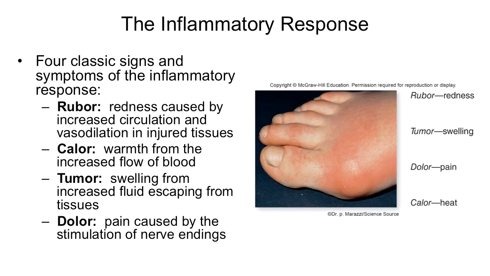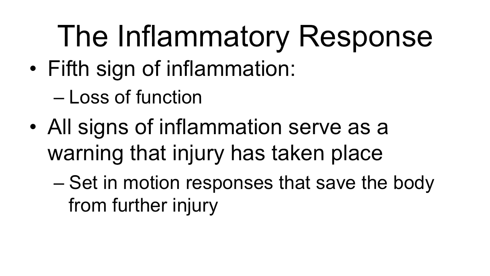And the last one is dolor, which is the pain caused by the stimulation of the nerve endings in the area. So again, rubor is the redness, tumor is the swelling, dolor is the pain, and calor is the heat.